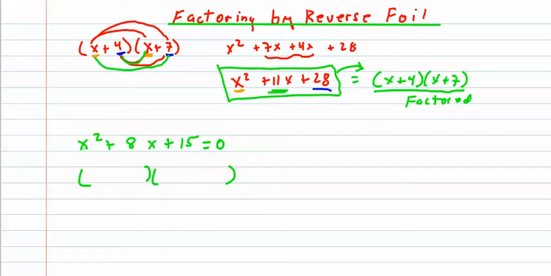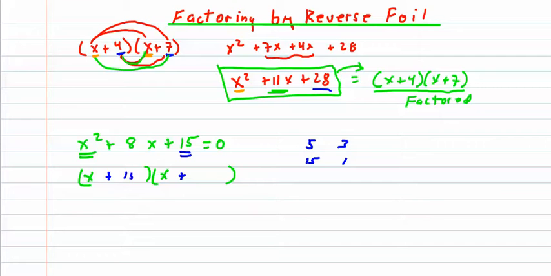What times what gives me x squared? X and x. Today it'll always be that. What times what gives me 15? Well, you have a choice. 5 and 3 or 15 and 1. What do you want to use? All right. Don't write this down because it's wrong.